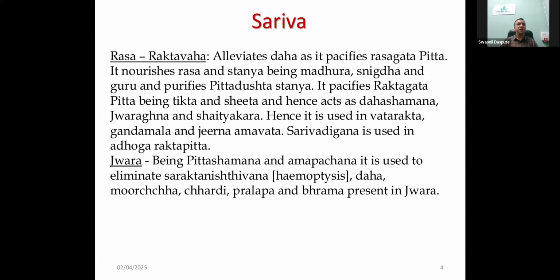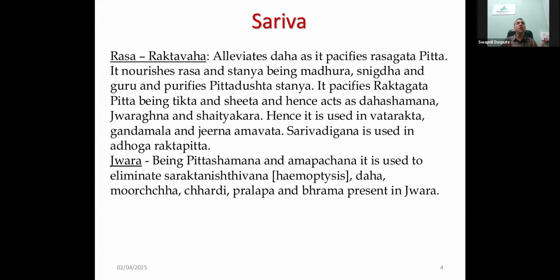It pacifies Raktagata Pitta, being Tikta and Shita, hence acts as Daha Shamana. Daha Shamana is pacifying, alleviating Daha, the burning sensation. Jwaragna and Shaityakara. Its action is Daha Shamana. Jwaragna: gna means kills, as in Kaphagna, Vatagna, Pittagna; Jwaragna kills Jwara. Not literally kills, but cures, helps in curing.